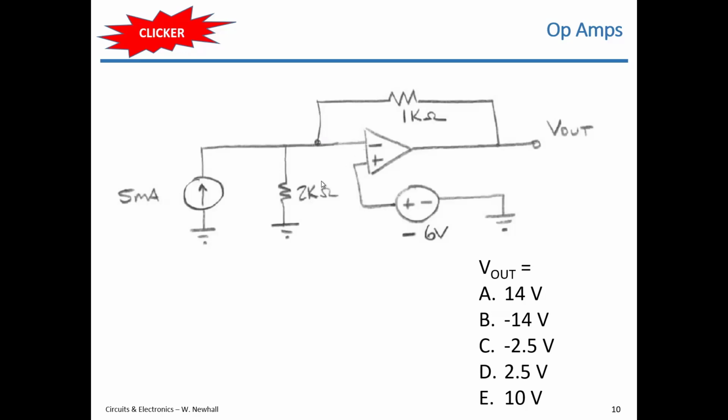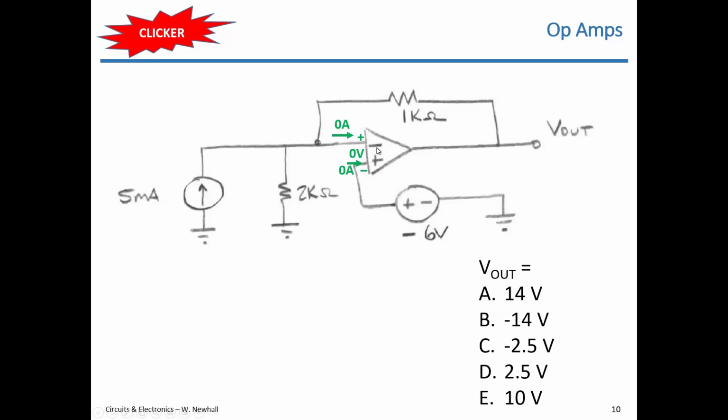Okay, so if you see that the op amp circuit has negative feedback and you don't recognize the circuit, we have to use the negative feedback approach, which is this. You assume that the input differential voltage is 0 between the op amp inputs, and that you have 0 amps going into the inputs of the op amp.